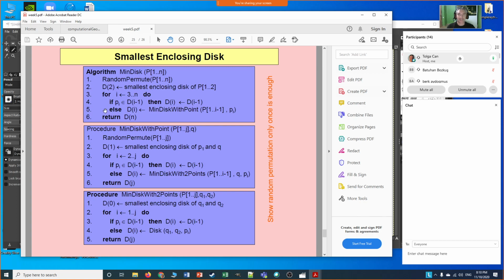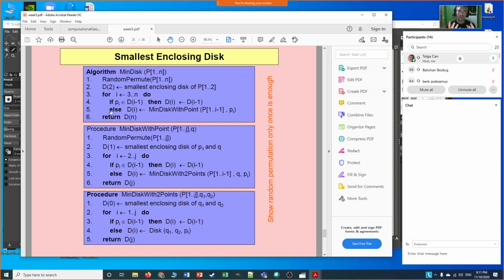Again, we ask the same thing: what is the probability that we go into the else statement? Imagine you have a lot of points, say 100 points. What is the probability that the 101st point is one of the 3 points that is going to define the actual minimum disk? Think about it like this: the first 100 points are already processed.